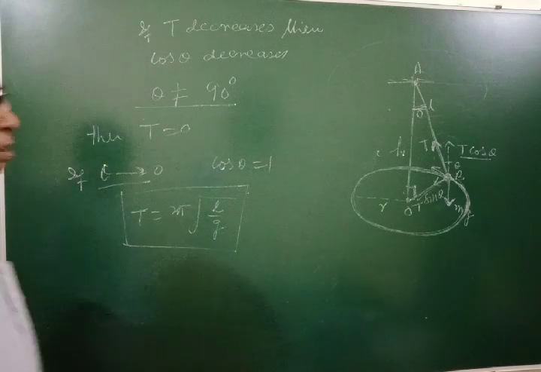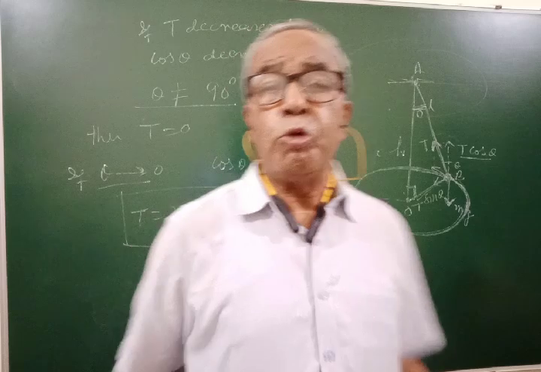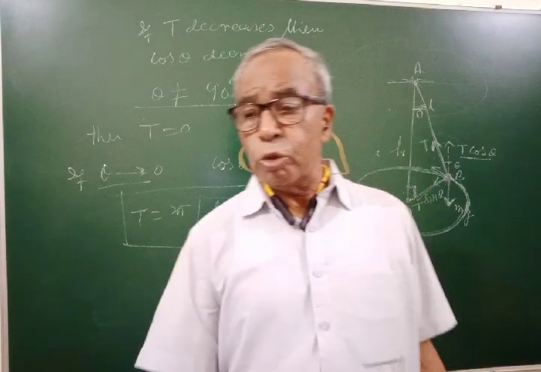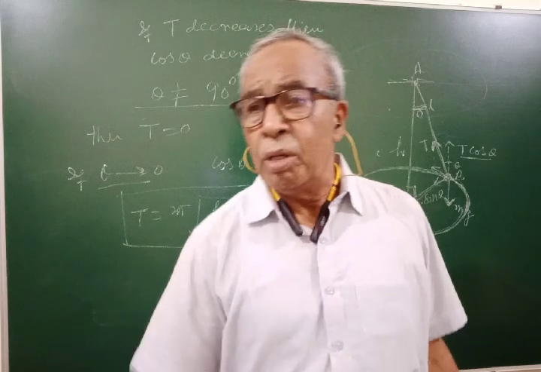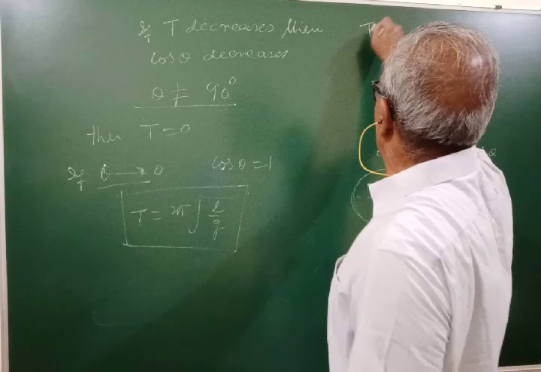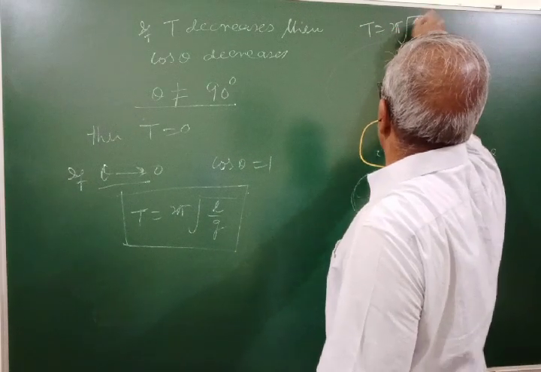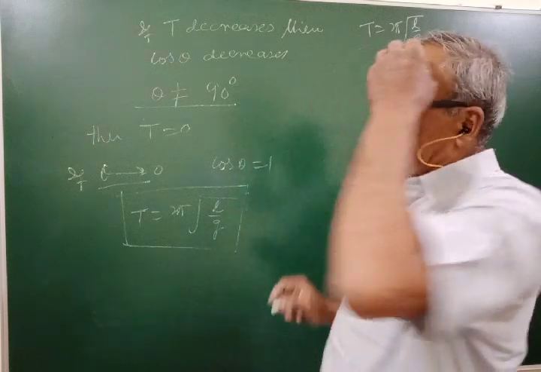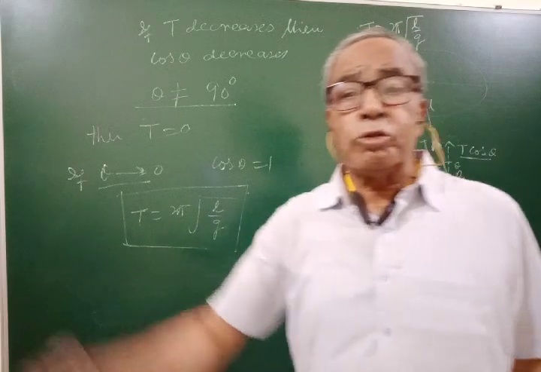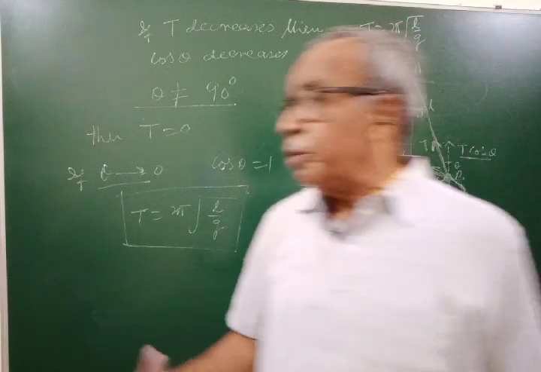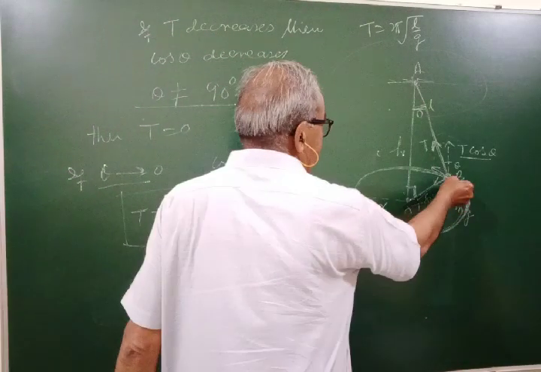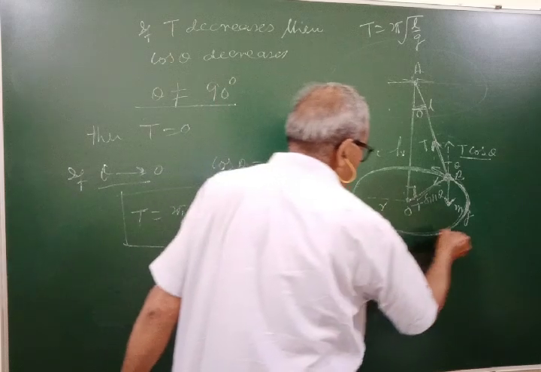When theta is small, if you see your pendulum in a lab, initially it moves on a circular path and later on becomes a straight line, because this time period T equal to 2 pi under root L upon g is derived for a pendulum when we assume that it oscillates to and fro about a fixed point in a straight line, while we have derived it assuming it is moving on a circular path.